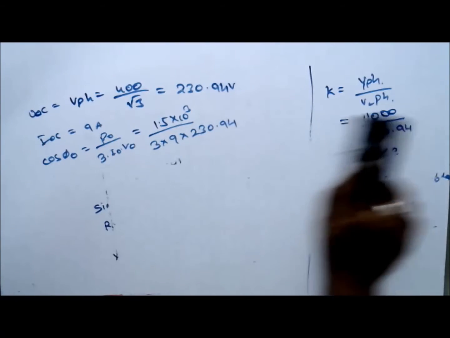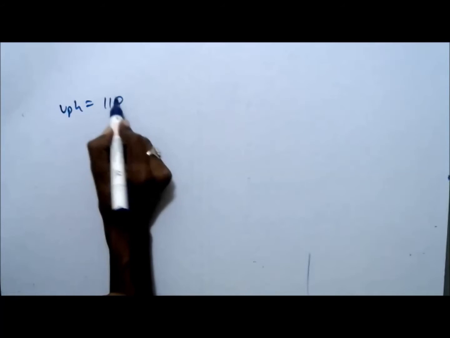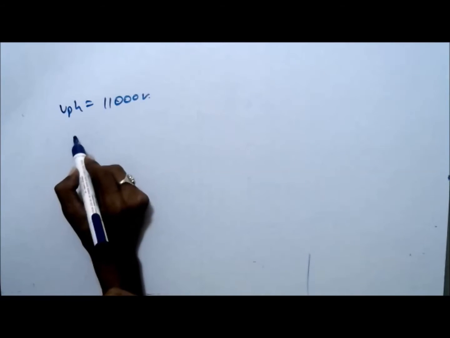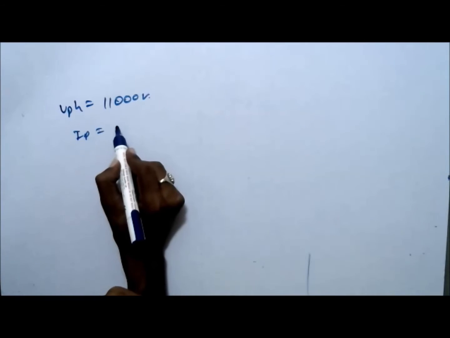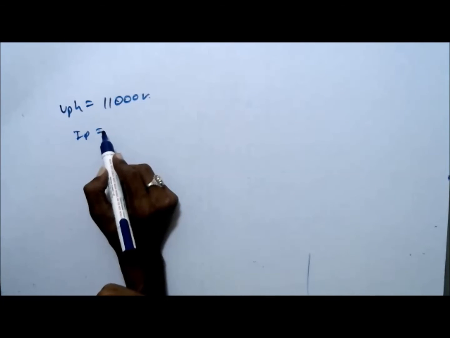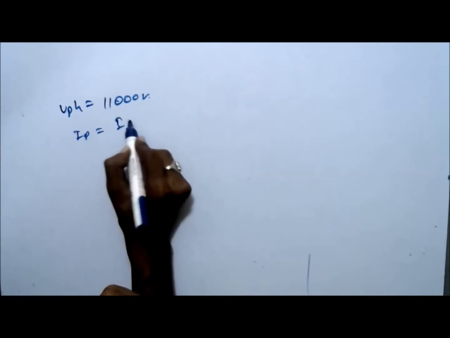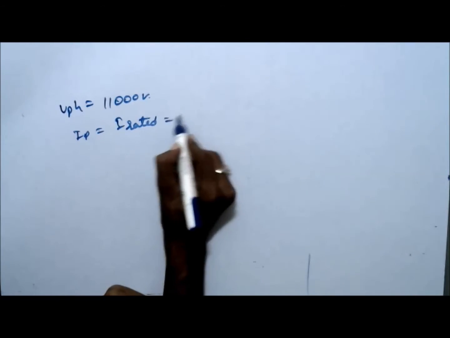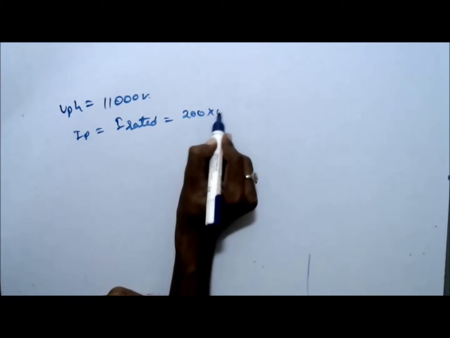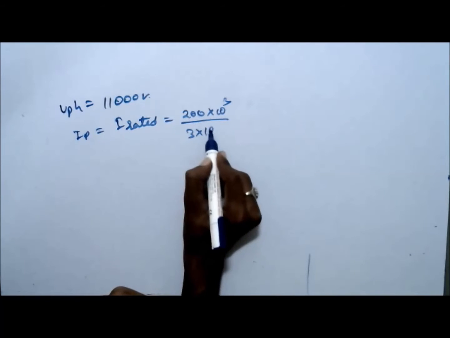Here in SC test he has given V phase is equal to 11,000 volts, and I phase is equal to I rated, which is 200 into 10 power of 3 divided by 3 into 11,000.